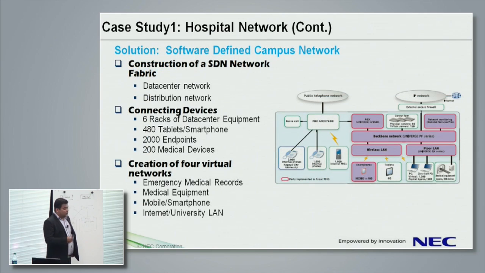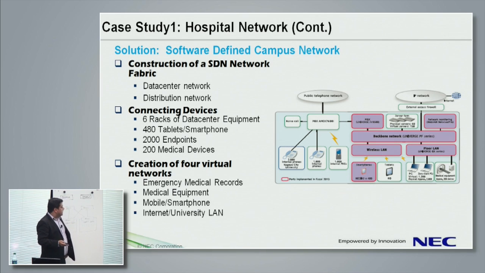So again, NEC came in. We designed the network, and with that, we put all the services in a centralized location in a data center network. And then we built a layer 2 fabric, the distribution network, and we connected all the various departments via our VTN capabilities. And that distribution network allowed the hospital to connect various equipments and smartphones and medical staff and various departments.